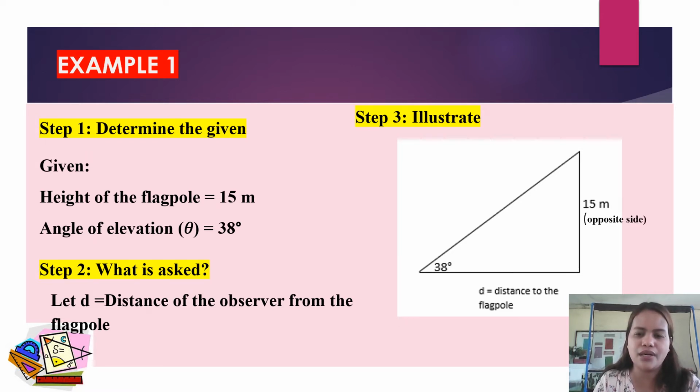The first part is the opposite side because we're referring to 38 degrees, and we have the adjacent side. So since the given sides are opposite and adjacent, ano yung gagamitin natin? Is it sine, cosine, or tangent? Okay, very good. So ang gagamitin natin ay tangent, TOA, because the given is the opposite side and hinahanap natin ay yung adjacent side.